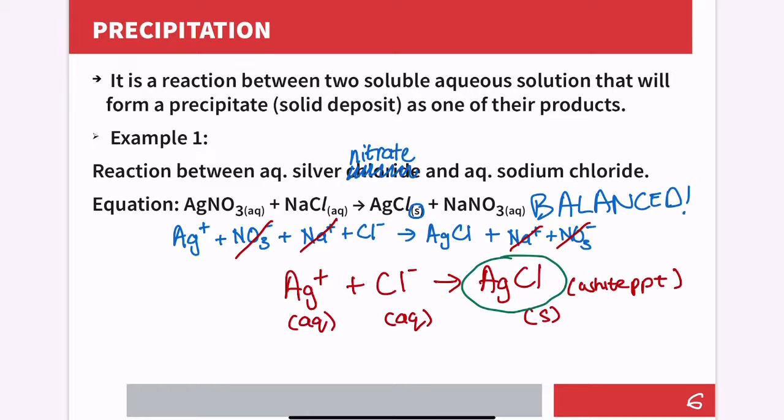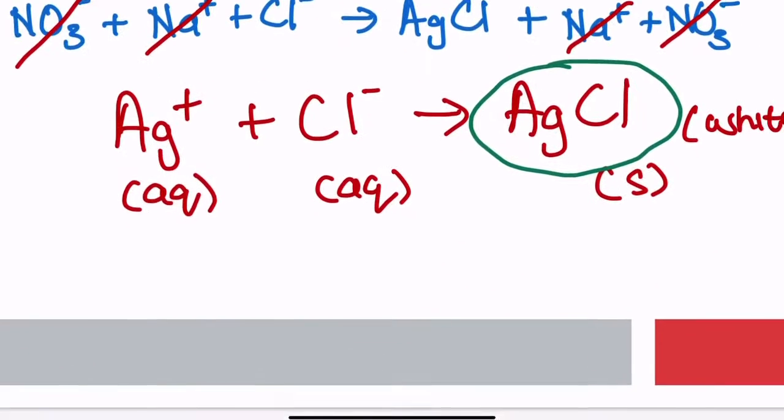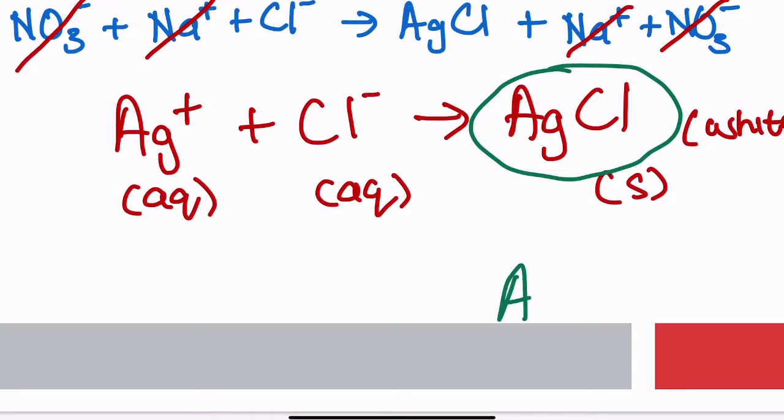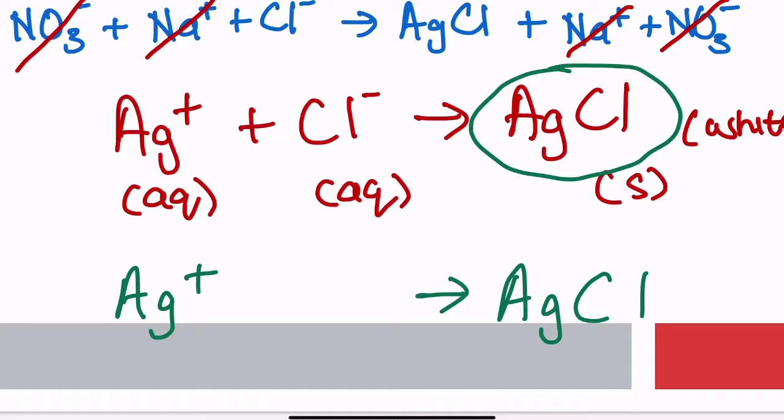So what I would always do is write the product first on the right hand side, followed by the arrow, and you know the left hand side should be the ions that form the precipitate, which is the Ag. Silver is Ag plus and chloride is Cl minus. So just put the state symbol aq and aq, and this is the solid.